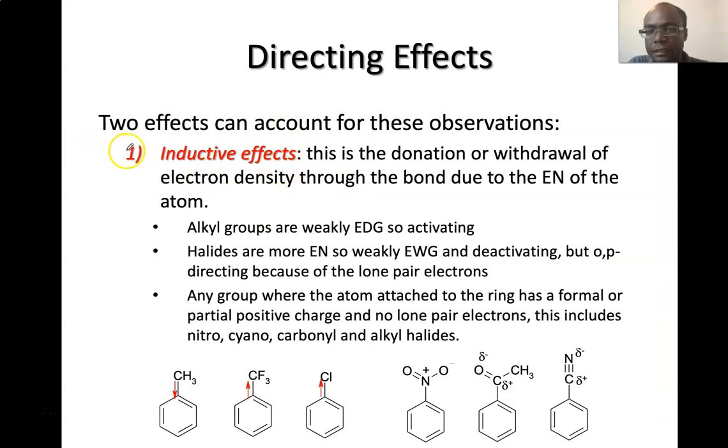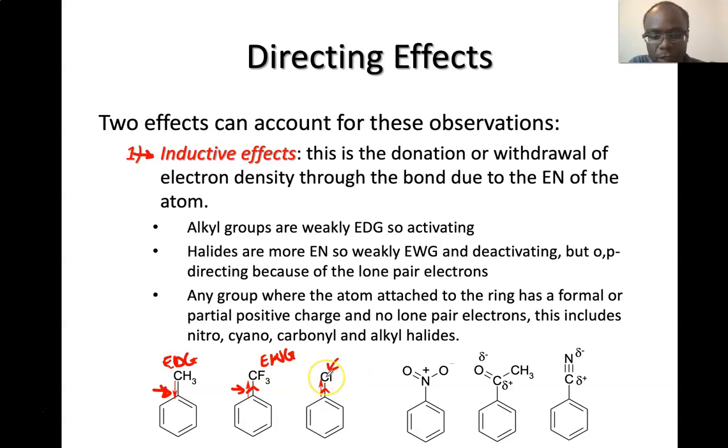So we'll have to explain again. There's two effects that we've observed. Either you are donating through bond by inductive effect, that's donation through bond, or you're withdrawing. Okay, so if you're withdrawing, then this becomes an EWG. You're withdrawing electrons through bond. Here you are donating through bond. Here you're withdrawing again through bond. But halogens are special.